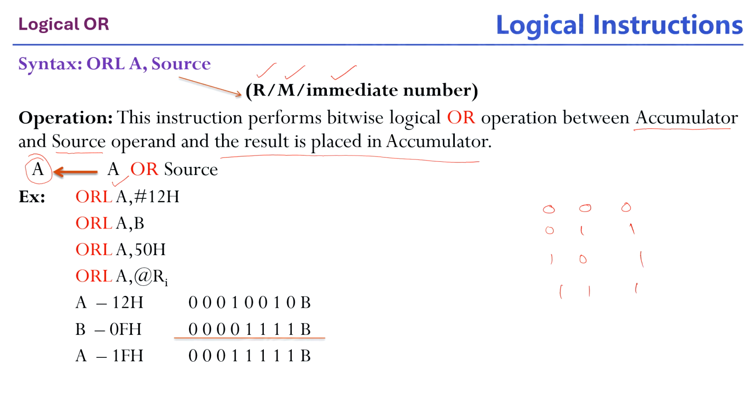So only when both inputs are equal to 0 is the output equal to 0. If any one of the inputs is 1, the output is 1. From this, the result becomes 0001 1111. Here both inputs are 0 in the upper bits, so the output is 0. This is the value in the A register.